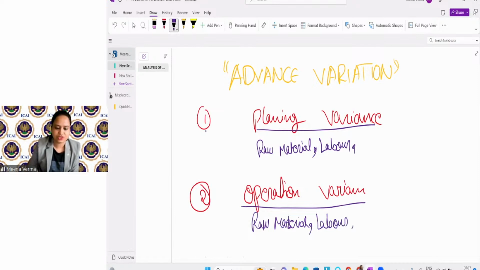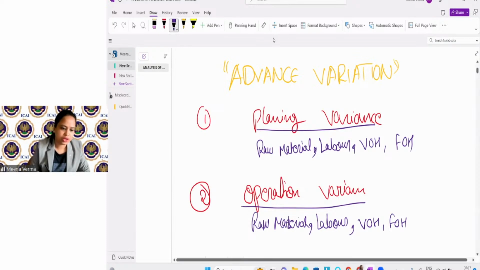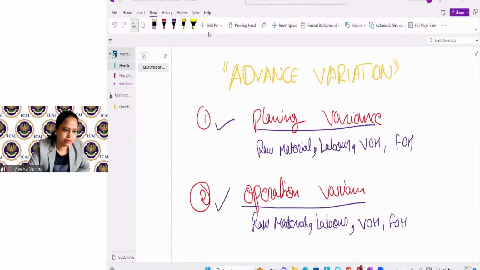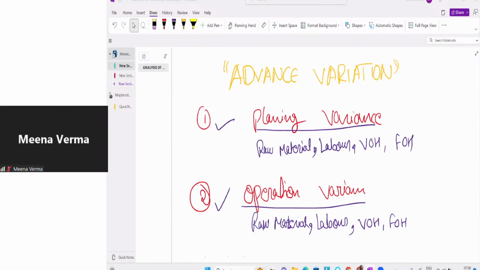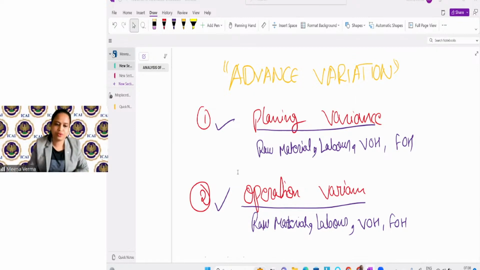Then we will find these variations for variable overheads and fixed overheads. So we will find these planning and operational variations for everything.